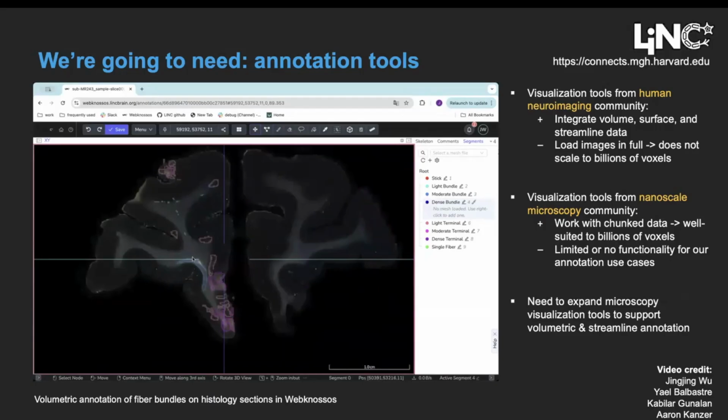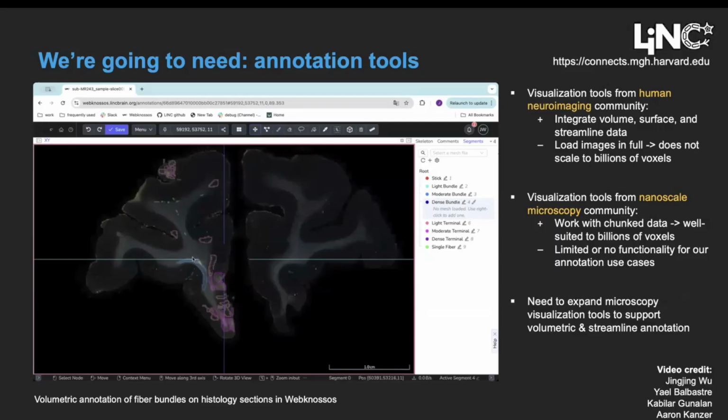So we want to ideally have a platform that integrates the pluses of the neuroimaging visualization tools that can integrate volume, surface, and streamline data, but with the plus of the visualization tools like NeuroGlancer from the nanoscale microscopy community that can work with chunk data and are well suited to these billions rather than millions of voxels.